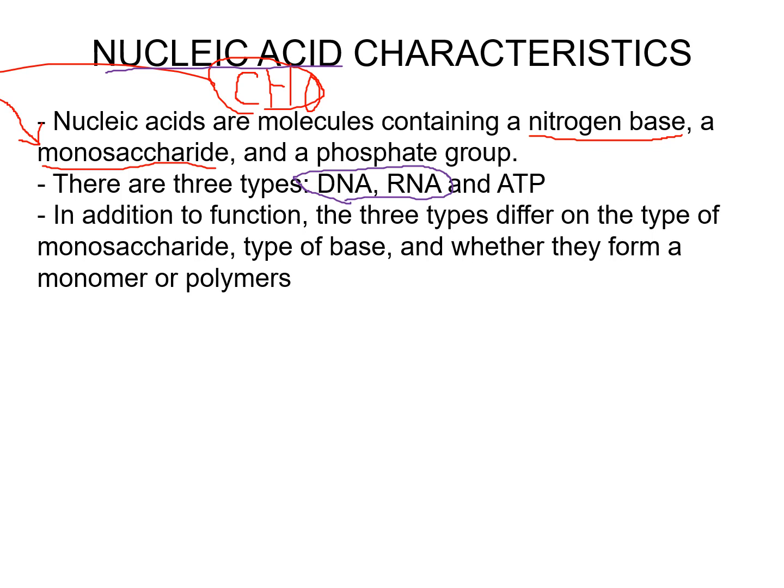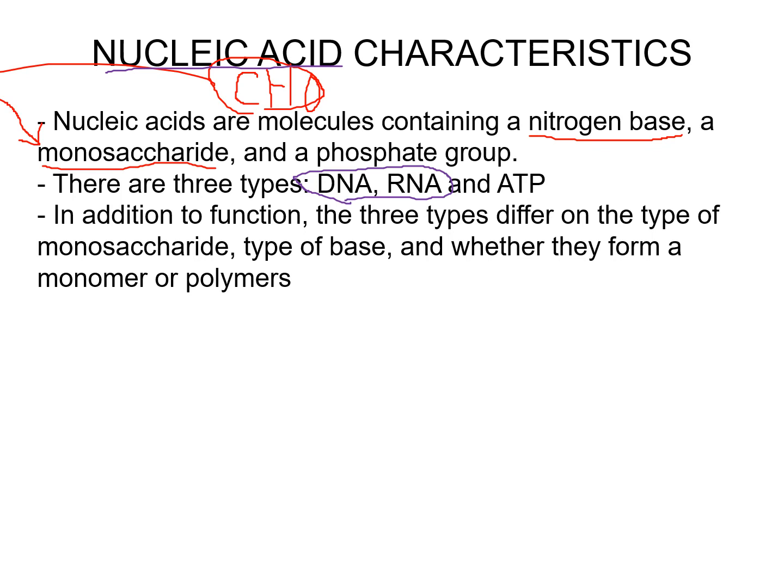ATP stands for adenosine triphosphate. We're going to have some slides on all 3 of these. But ATP is not technically a nucleic acid, though it does have the 3 parts of a nucleic acid. It's not called adenosine triphosphate nucleic acid, it's just adenosine triphosphate. So it's basically just the ingredients.